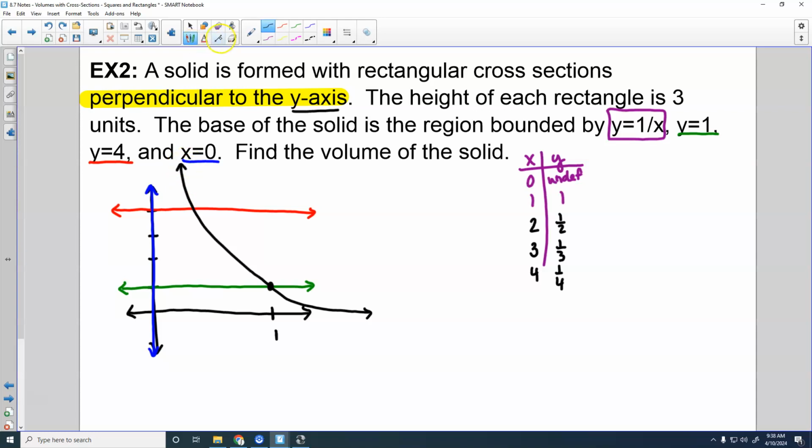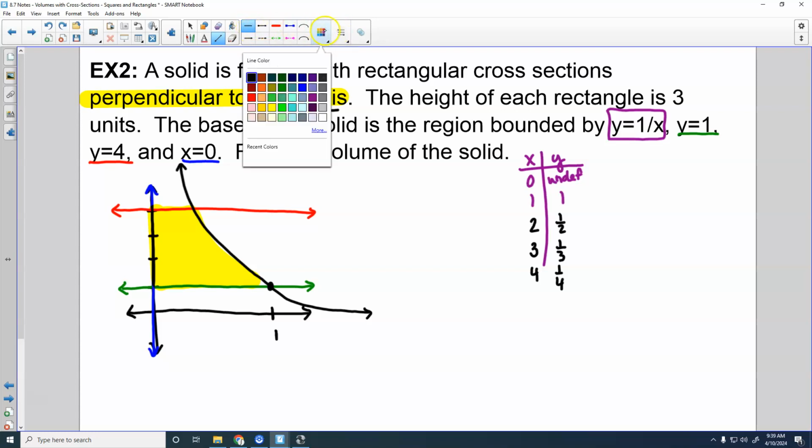So we are looking at a base here, like this. And this time, our squares are not going to be vertical. They're going to be horizontal. So let me pick a color, use orange here.